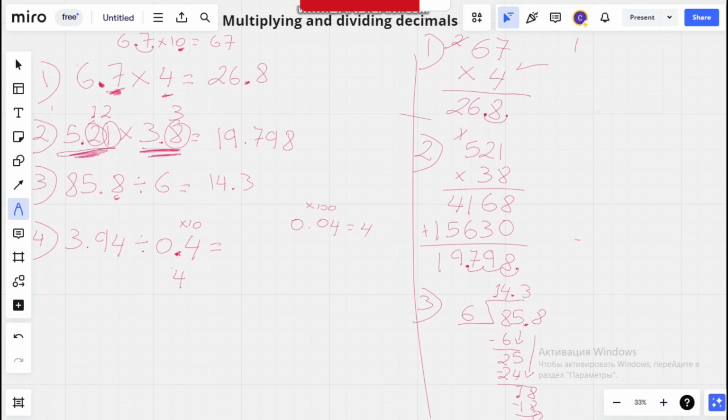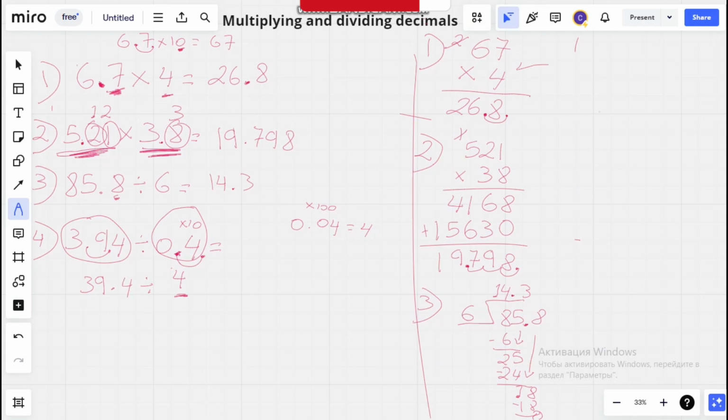Now, whatever you do over here is the same thing you will do over here. So if you moved the decimal place once, you will also move the decimal place once. So 0.4 became 4, and then 3.94 became 39.4.